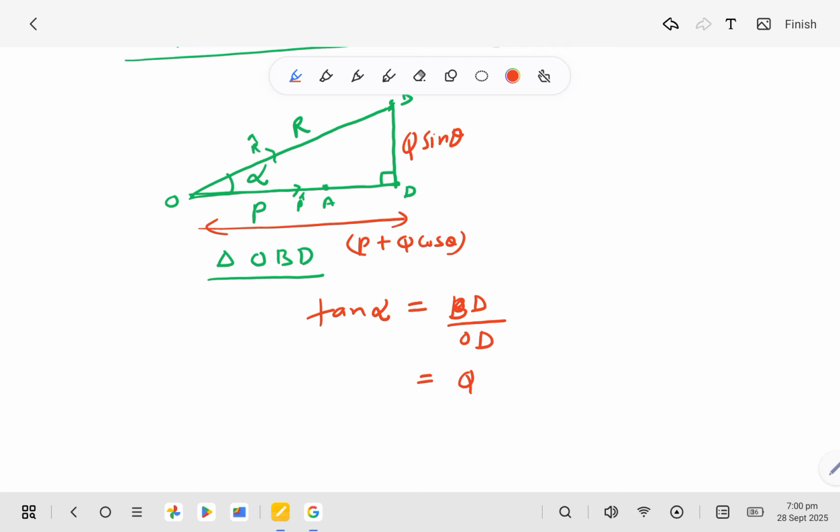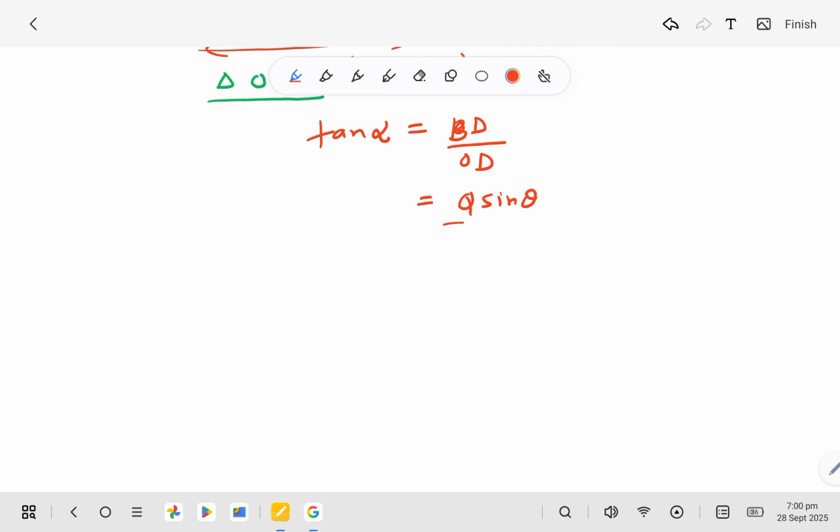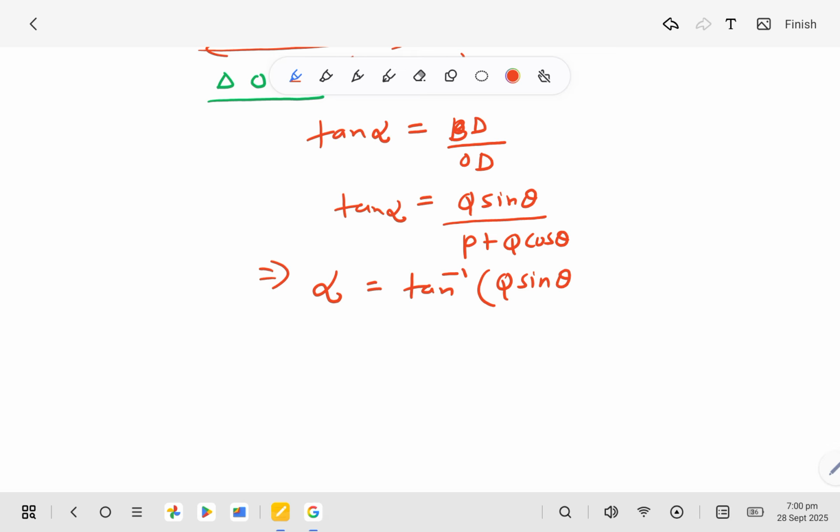So Q sin theta divided by P plus Q cos theta is equal to tan alpha. So alpha equals tan inverse of Q sin theta divided by P plus Q cos theta.